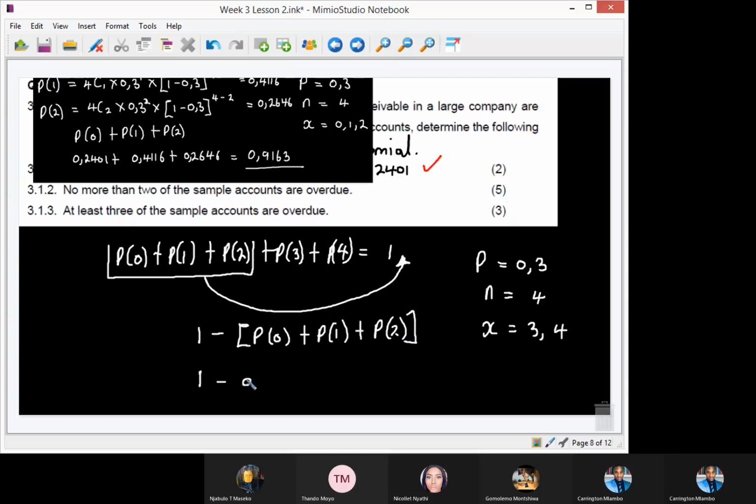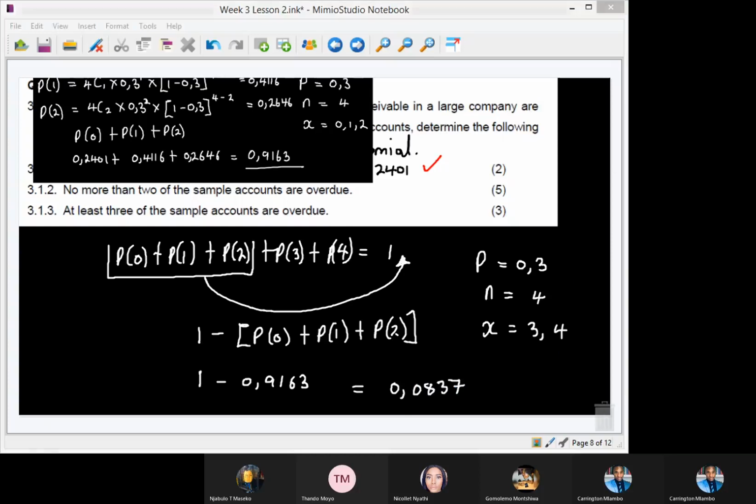So it's 1 minus 0.9163. Easy as that. Which gives you 0.0837.